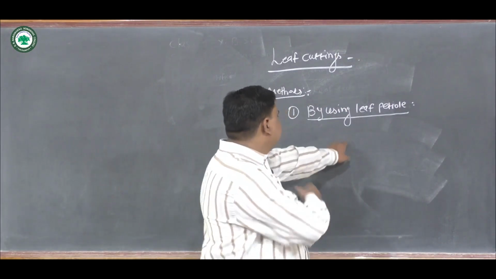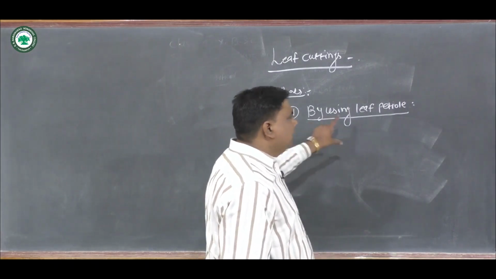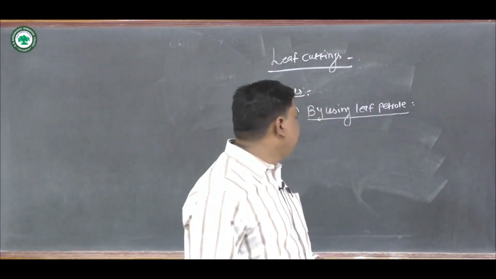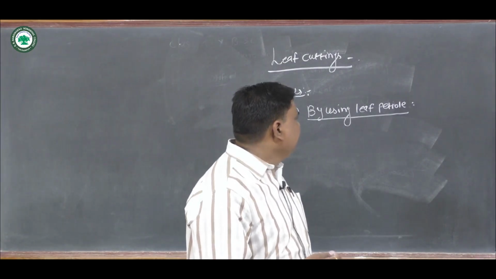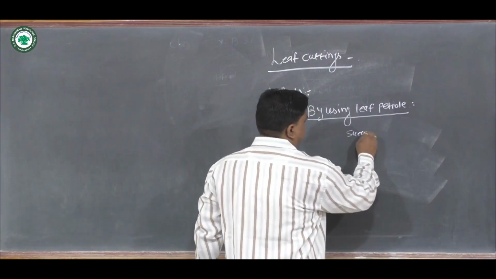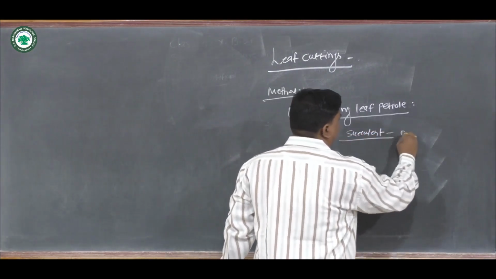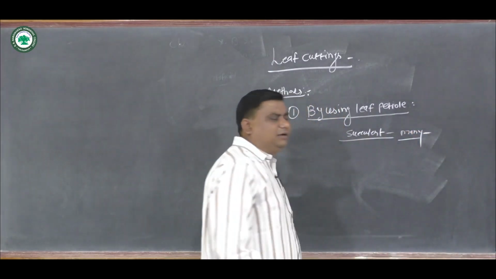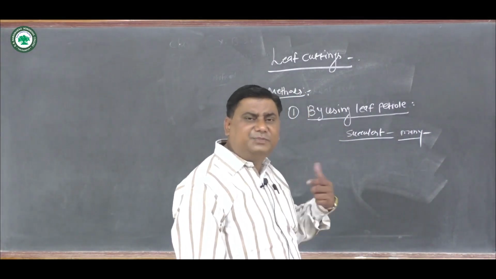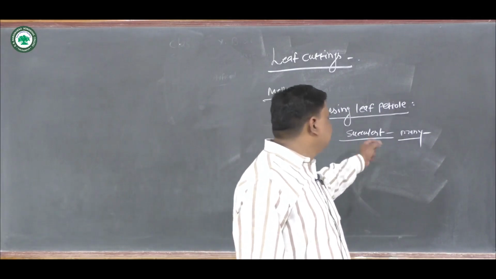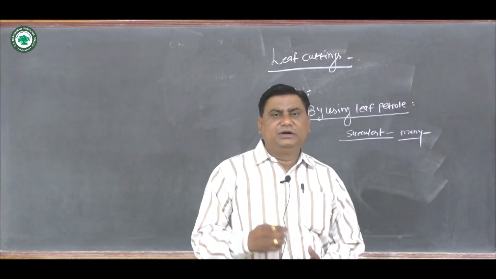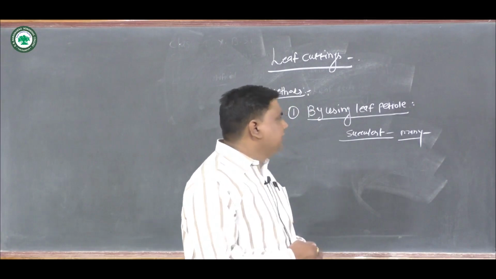First is by using the leaf petiole. Several succulent plants are propagated by this method.